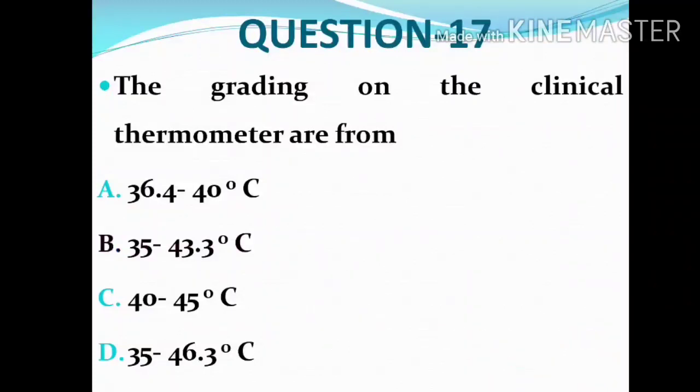The answer is 35 to 43.3 degrees Celsius. Clinical thermometers or glass thermometers has a stem which is graduated scale representing the lowest temperature of 35 degrees Celsius and the highest value of 43.3 degrees Celsius.